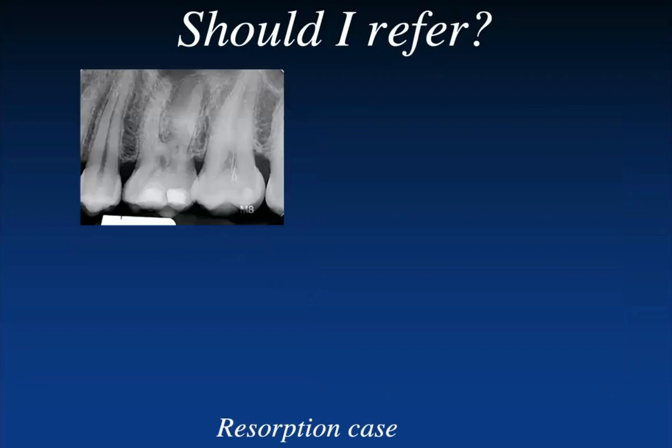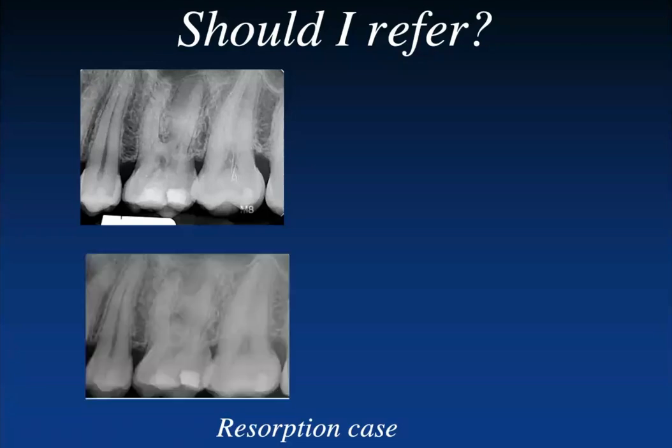Now, this case, as innocent as it looks, the 2-6, the patient has symptoms on it. So it needs a trained eye to look at the pulp chamber and check if something doesn't look right, like there's something going on with the pulp chamber there.